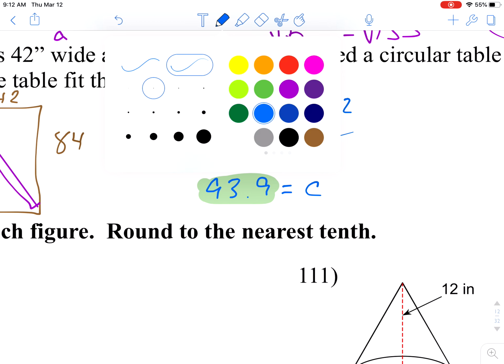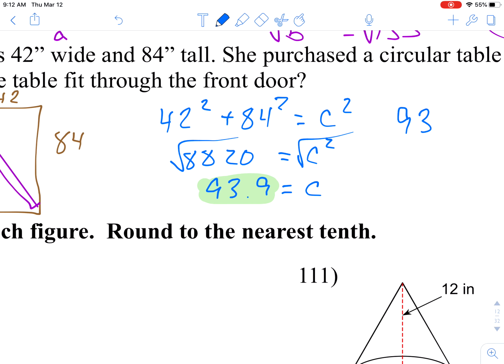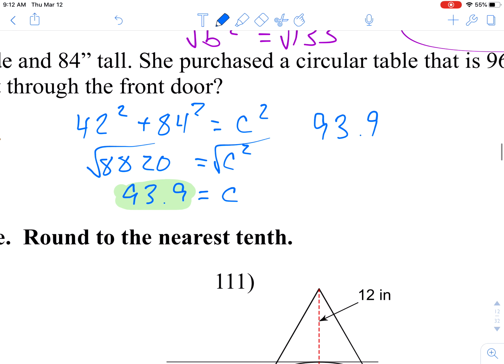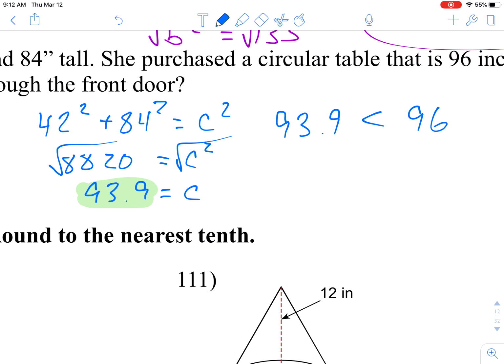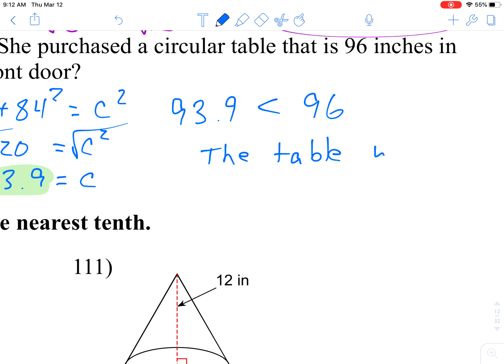So 93.9 is less than 96. So that means the table will not fit through the door. The table will not fit through the door.